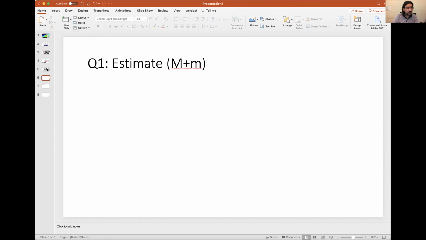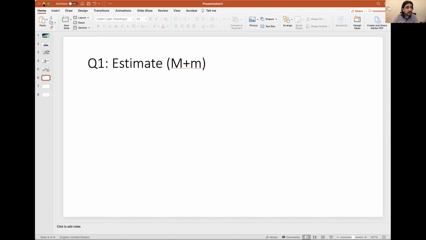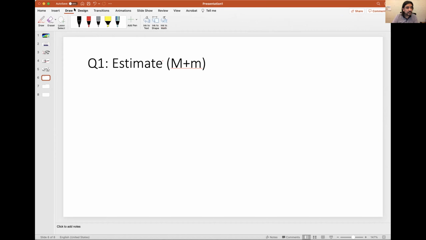So let's go over this equation over here, right? On one end is this function over here, and this is the equation that you would be using.